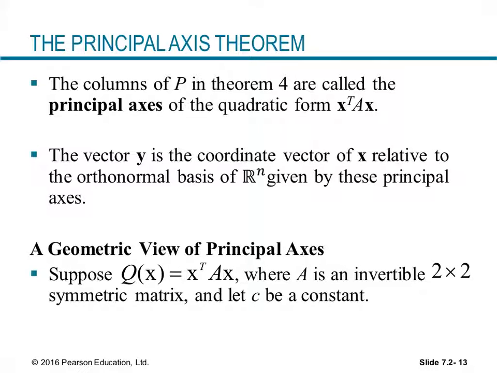Now let us consider some geometric meaning of this quadratic form, where A is an invertible 2 by 2 symmetric matrix.